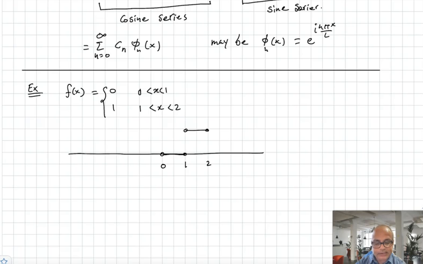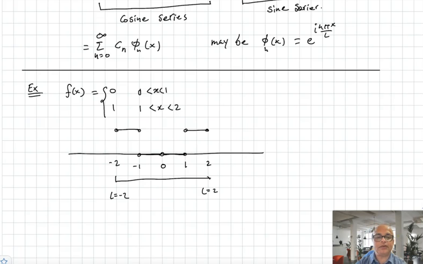And in order to extend this function, I will just flip it with respect to the y-axis. So I will come back here, this part, to -1, and this part up to -2. Okay, now I have this function extended from L equal to -2 to L equal to 2.